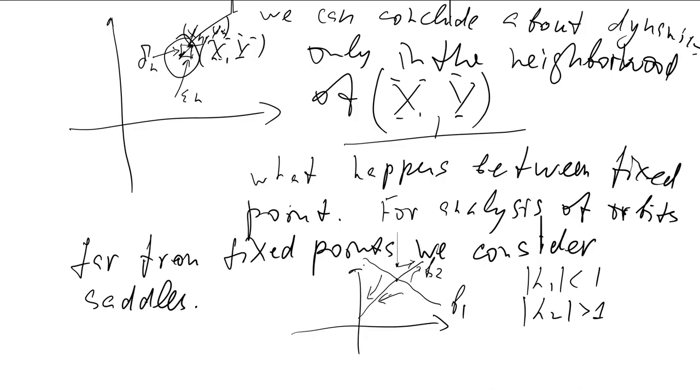So no matter where we start, the component of the position vector along eigendirection B1 will be shrinking and along eigendirection B2 will be extending. And so again, if we start on line B1, there will be motion towards the saddle point.